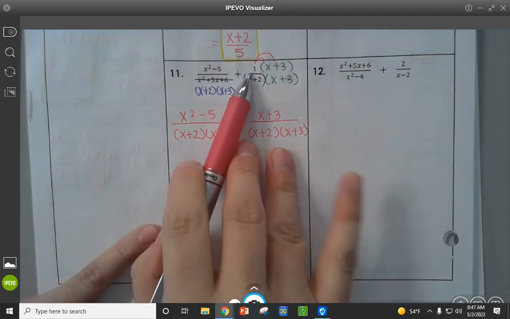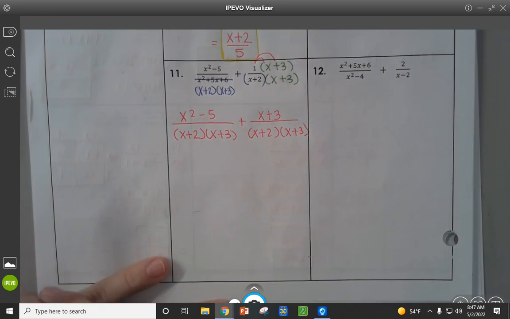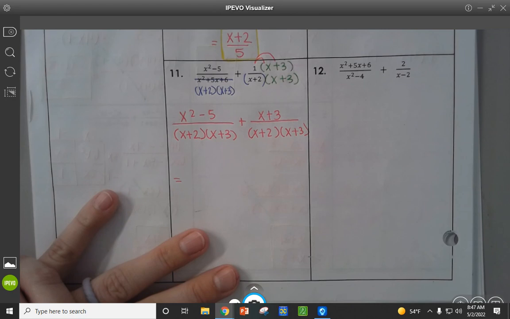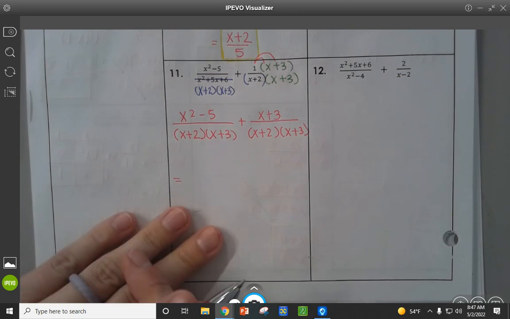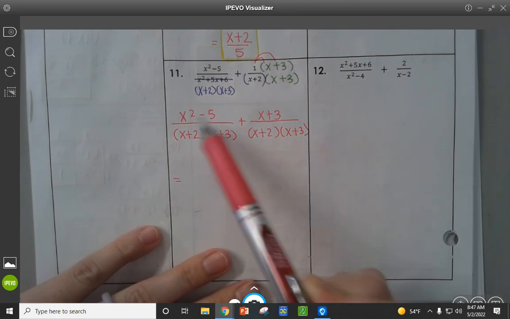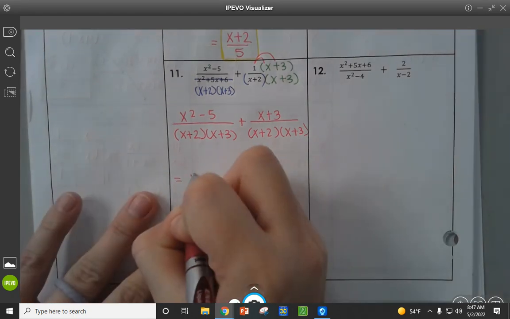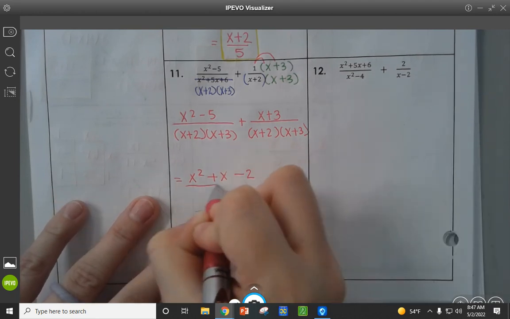If that was some other number besides 1, I would distribute that number. This is addition, so we're just combining like terms. And we get x squared plus x minus 2.